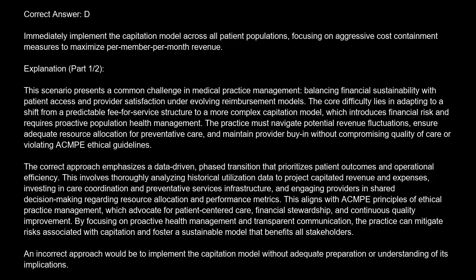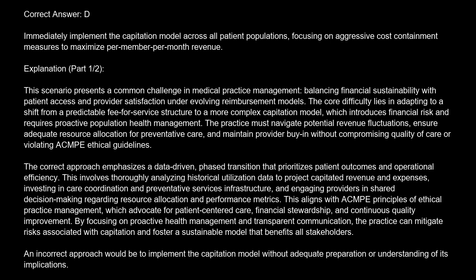Correct answer is D. Immediately implement the capitation model across all patient populations, focusing on aggressive cost containment measures to maximize per member per month revenue. Explanation. This scenario presents a common challenge in medical practice management, balancing financial sustainability with patient access and provider satisfaction under evolving reimbursement models.